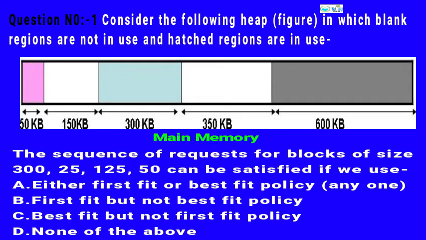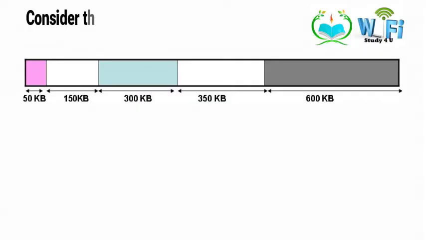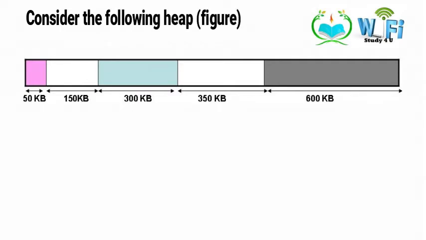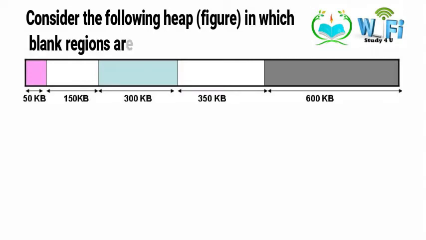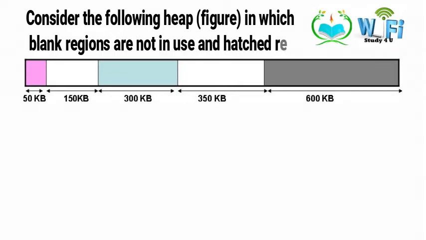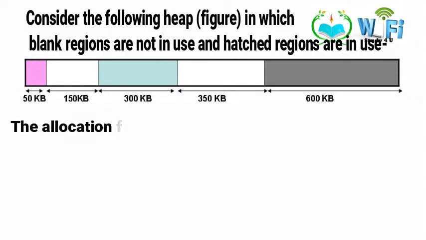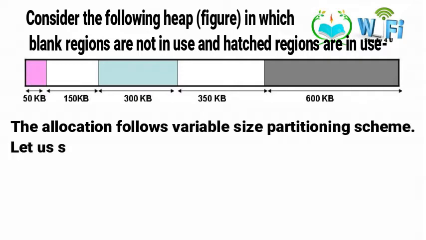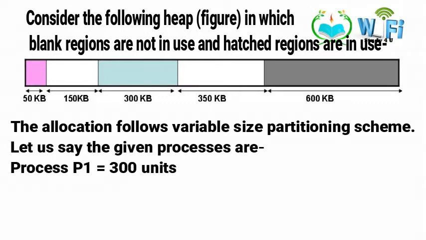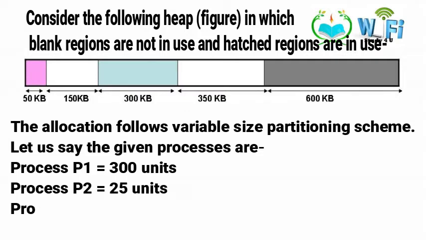Now see carefully according to the question. Consider the following heap figure in which blank regions are not in use and hatched regions are in use. See carefully: 50 kilobyte, 300 kilobyte, 600 kilobyte are colored, which means they are used, and the remaining 150 kilobyte, 350 kilobyte are not used.